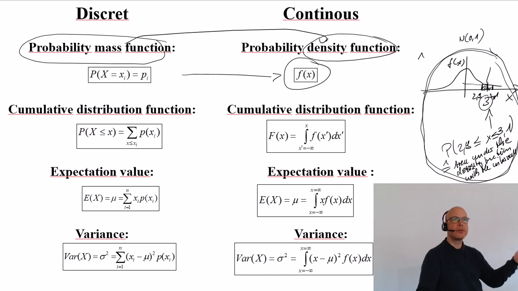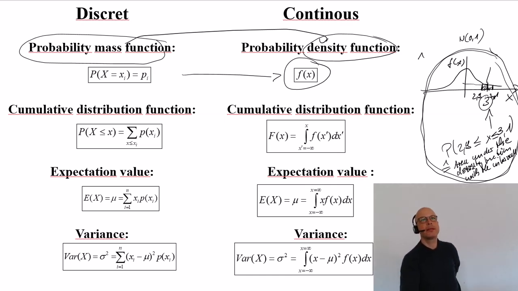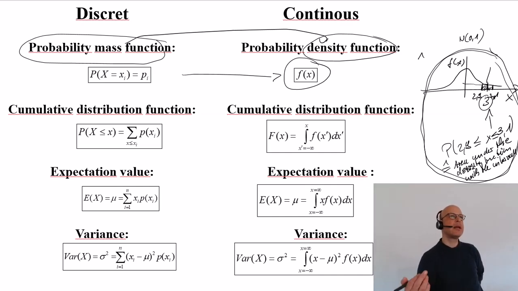This we can also translate in the event. What is the probability that our dice shows a number equal or lower than 4?